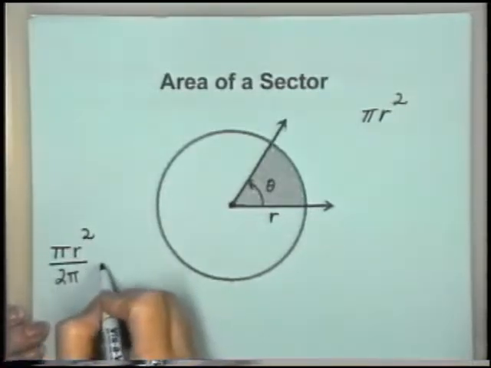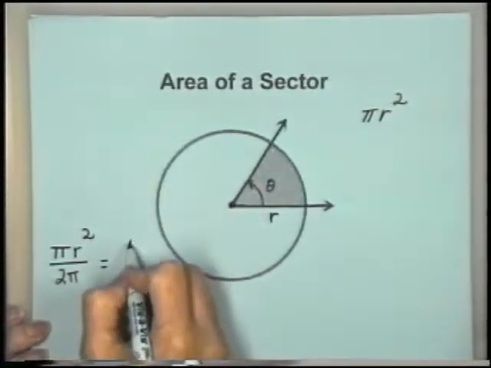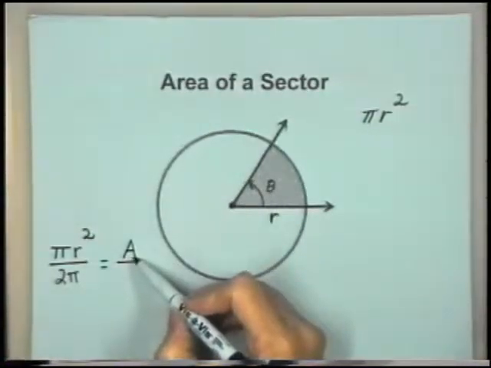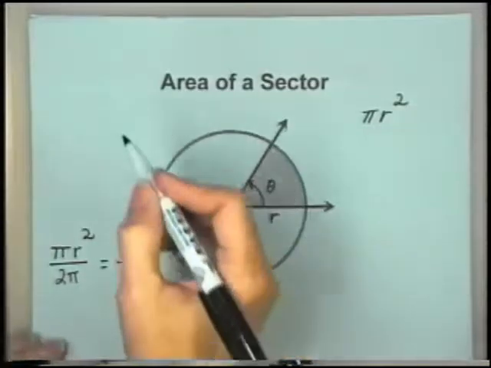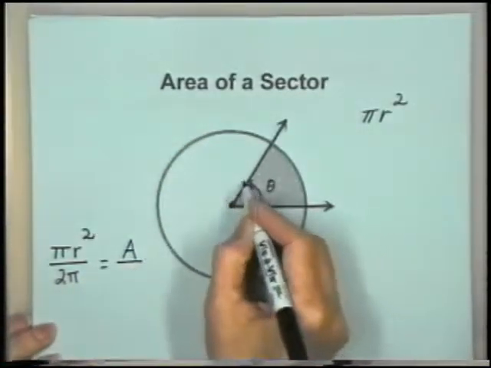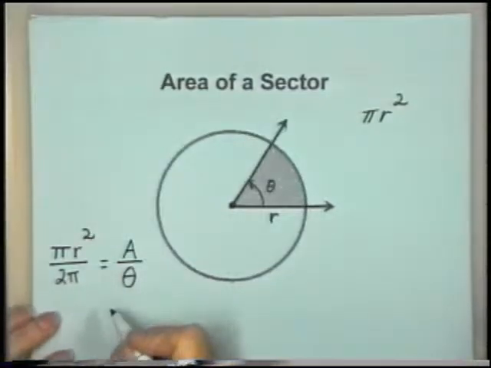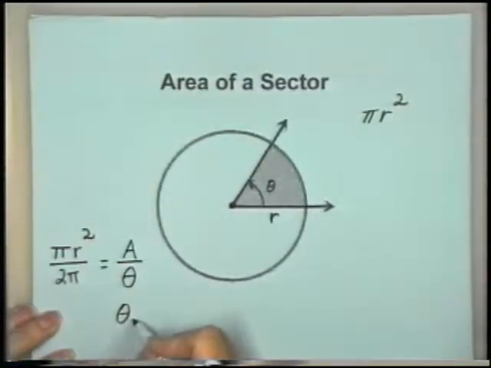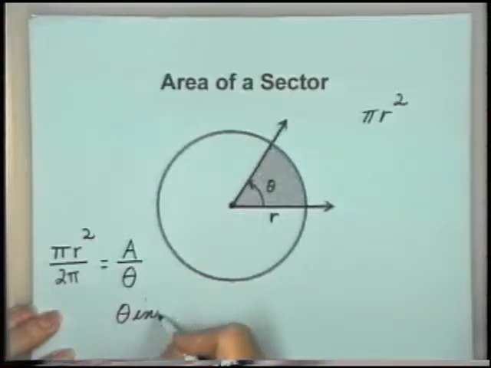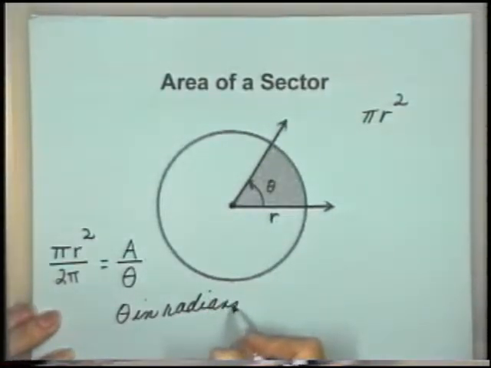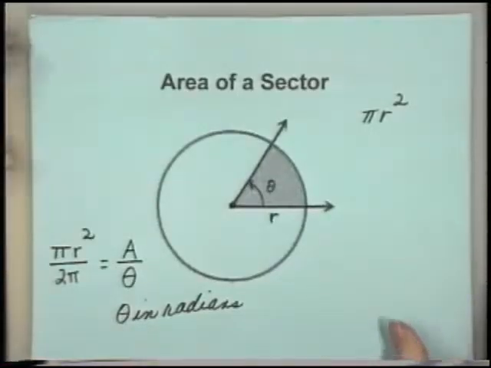So the area of the whole circle is to the central angle of the whole circle as the area of the sector, and we're letting A represent the area of the sector, is to its central angle, which would be theta. And once again, theta must be in radians so that it is just a number.